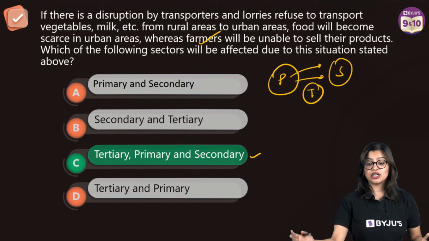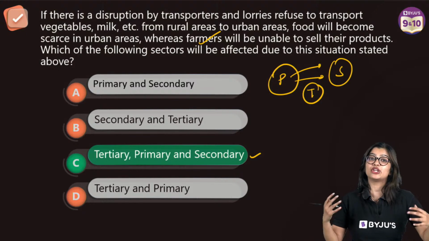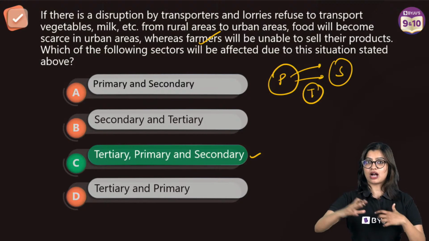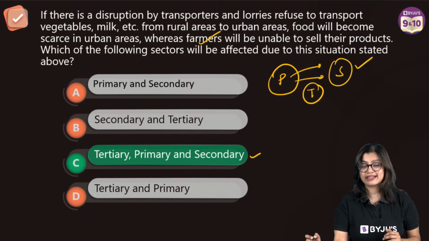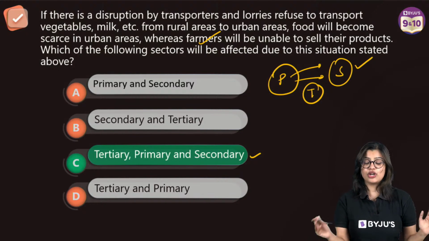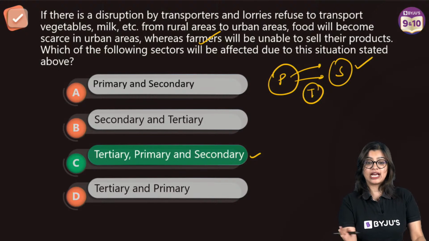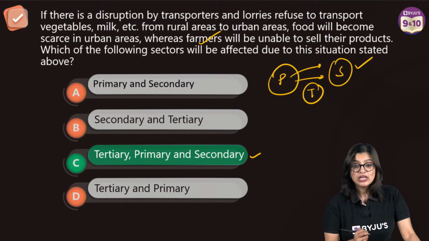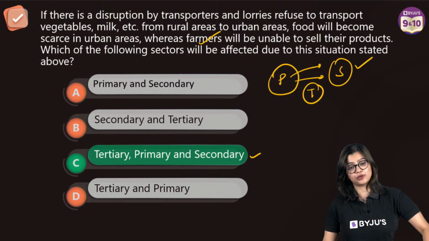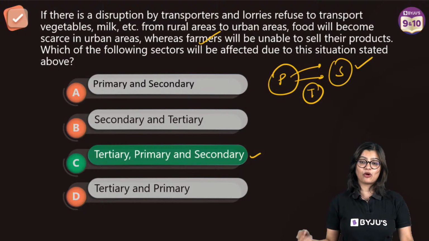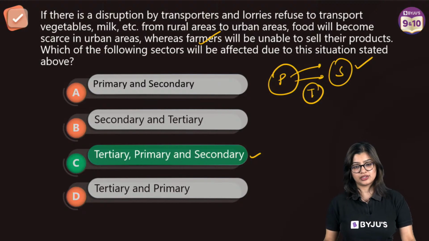So now, if your tertiary sector refuses to send your primary sector products, your secondary sector will also get affected. So it will not just be primary and tertiary getting affected. It will be all three. So that is something that you need to keep in mind. So the correct answer here is going to be option C. And yes, the PDF will be provided at the end of this class.